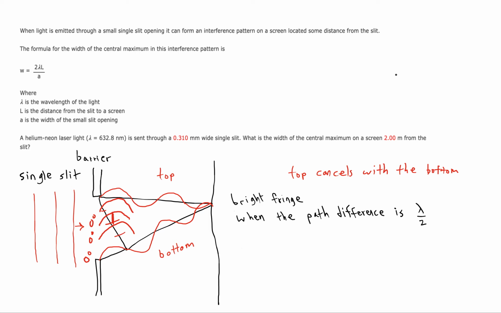Remember that with the double slit, it was the opposite. We said that we would get a bright fringe when the path lengths were equal to a multiple of the wavelength, but we would get a dark fringe when the path difference was lambda over 2 for double slit. So that's a little bit opposite there.